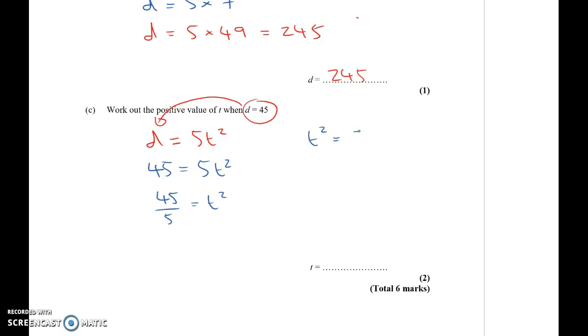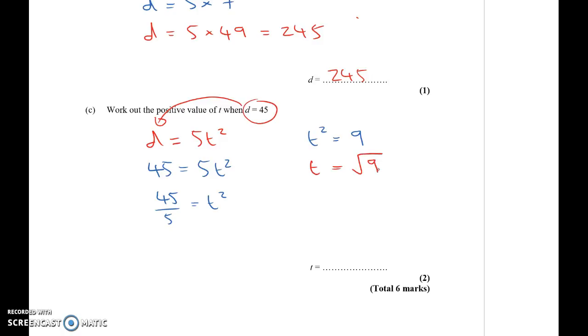So t squared is equal to 9. Now why did it say work out the positive value? Well, we've got to find the square root of 9 to find t. If t squared is 9, then our final answer, t, is the square root of 9. Now this could have been two values.